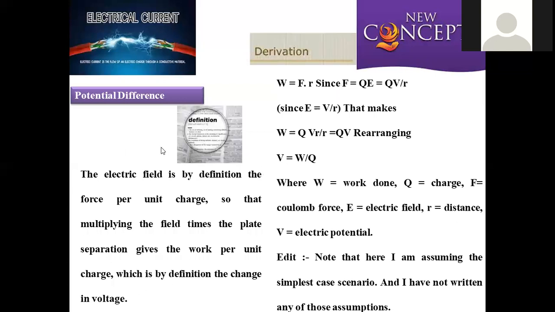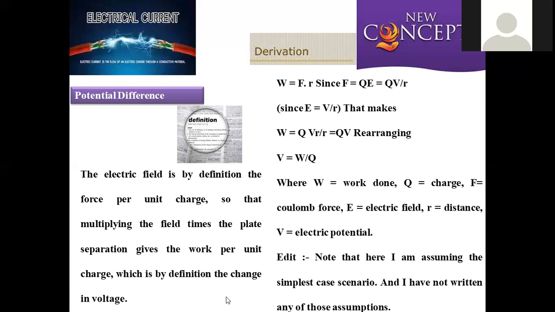Let us move on to the definition followed by the derivation. Let us define this potential difference first. The electrical field is by definition the force per unit charge. So multiplying the field times the plate separation gives the work per unit charge, which by definition is the change in the voltage.